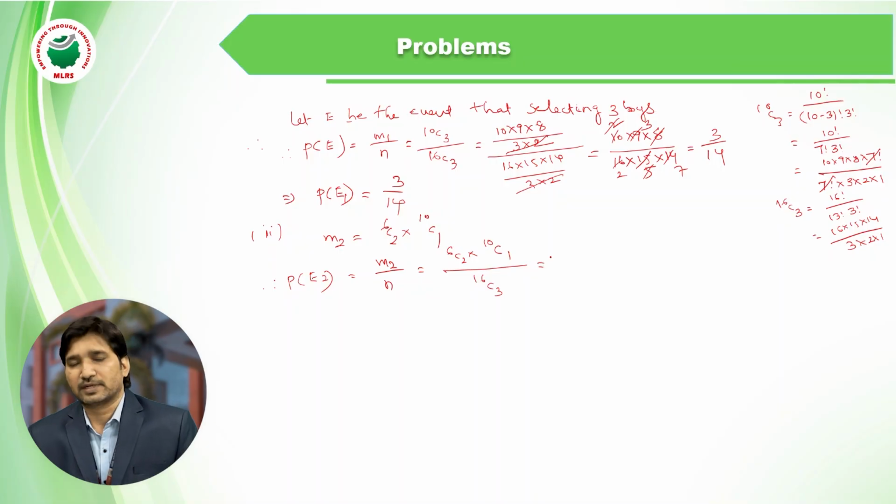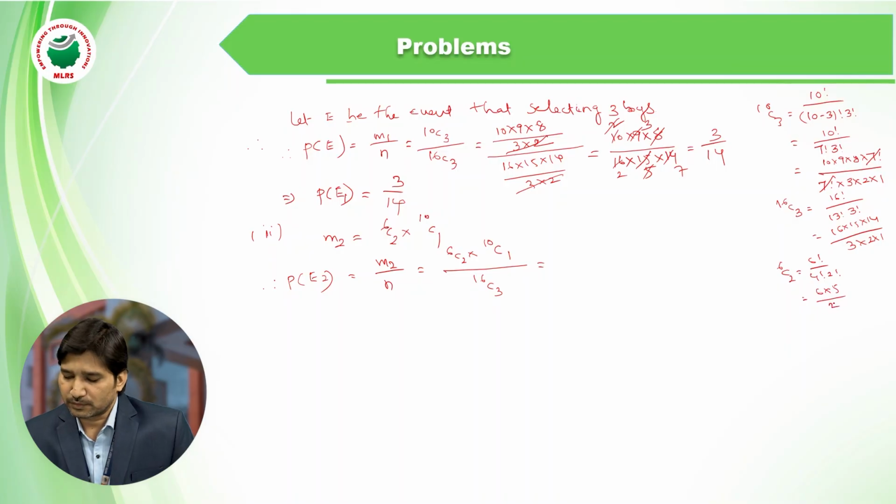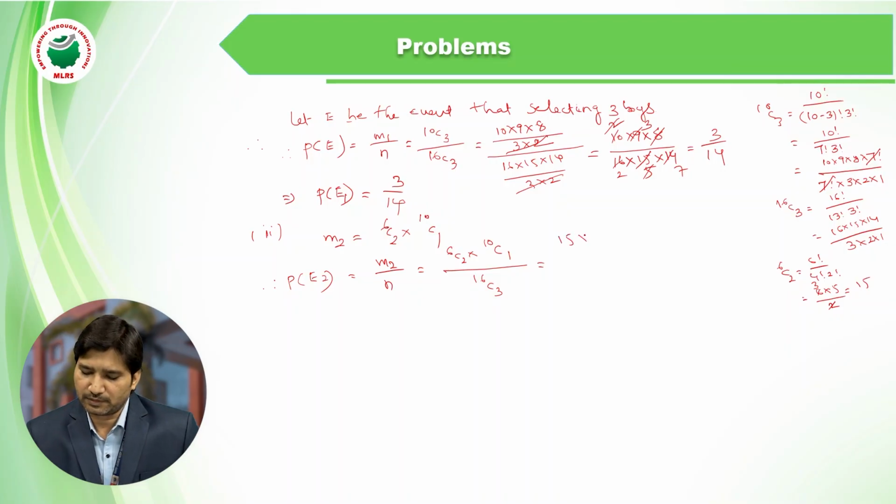As usual, using the combination formula, 6C2 means 6 factorial divided by (6 minus 2) means 4 factorial into 2 factorial. That is 6 into 5, 4 cancelled, divided by 2, which is 15. So 15 into 10C1, which means 10, divided by 16C3.